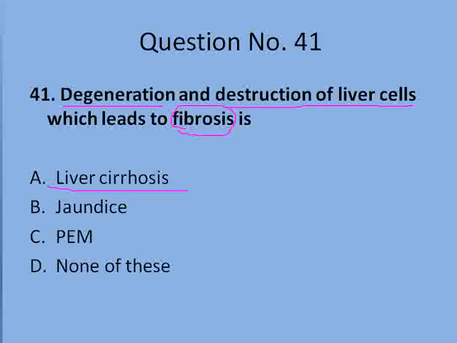This PEM is in no way related, because we call this protein energy malnutrition. Jaundice, of course, affects the liver, but here the degeneration and the destruction of liver cells is called liver cirrhosis. So the answer for this one is option A.